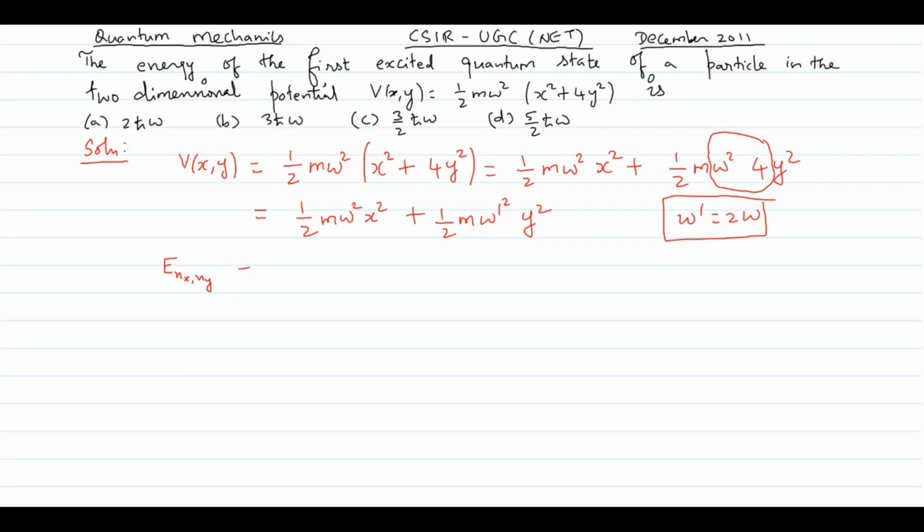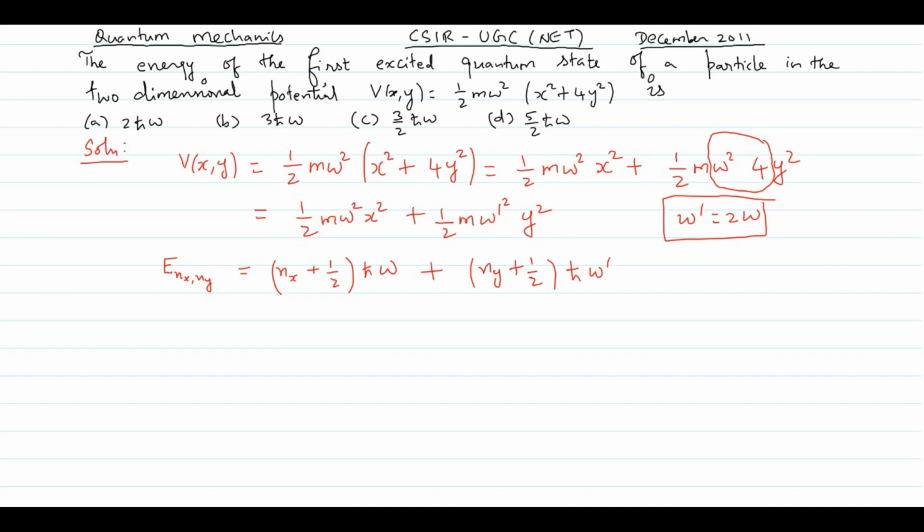So in terms of quantum numbers, the first term will become nx plus half h cross omega, and the second term, ny plus half h cross omega prime. So this is what you will get. Let us now enumerate the values for nx and ny, and calculate the energy of the first excited quantum state of a particle.